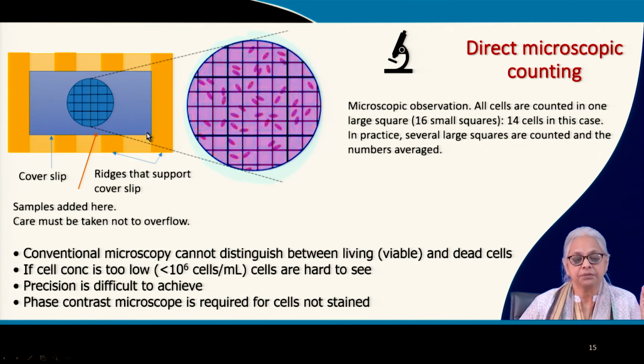The blue part is the cover slip, and this cover slip may have a grid on it. So when you put it under the microscope, all these cells will be observable through the grid, and you can count the number of cells. So if you get such a clean image, then you can count the number of cells in any of these squares.